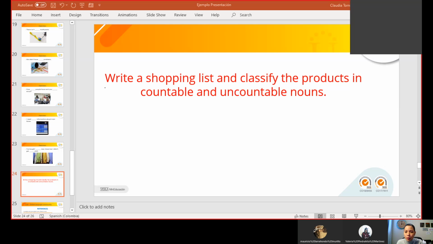And then the next one: I have a jar of milk, but I need another one. Here milk is uncountable, but she used a jar as a quantifier to make it countable.